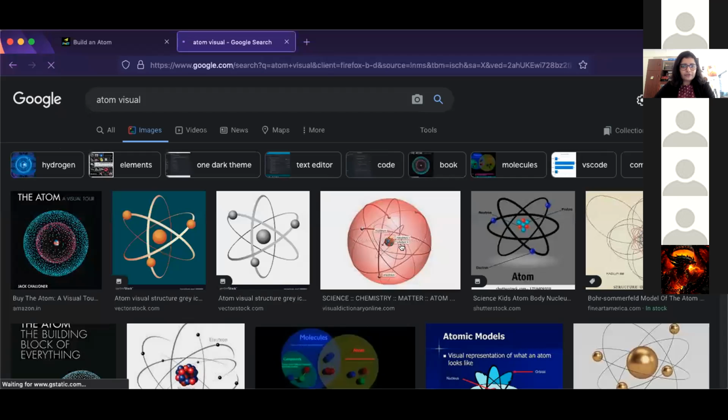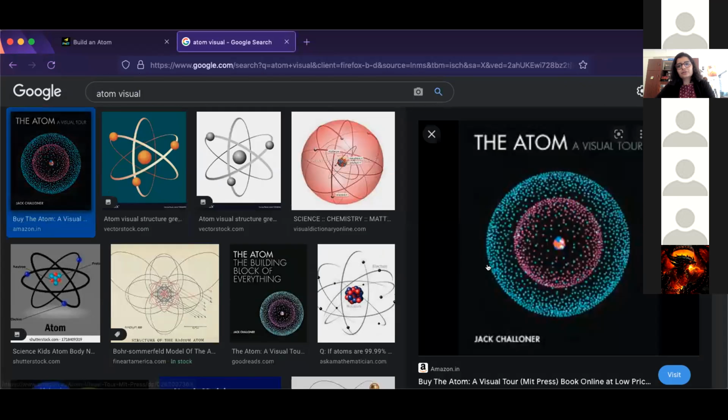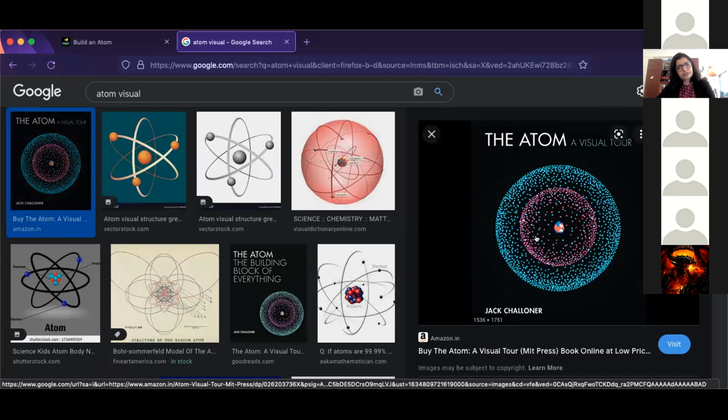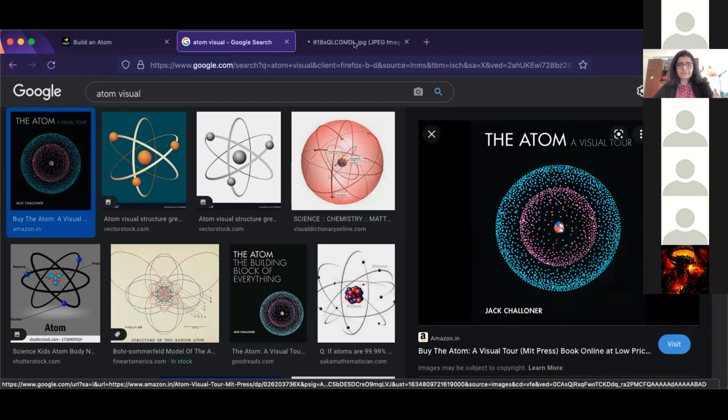So you see a lot of images over here, right? So these are not accurate. This is actually what an atom would look like if you had a powerful enough microscope to look at it. Let me open it in a new tab where it's proper.